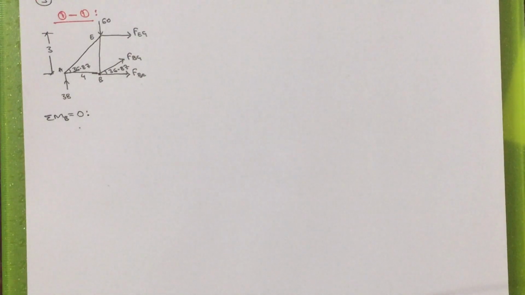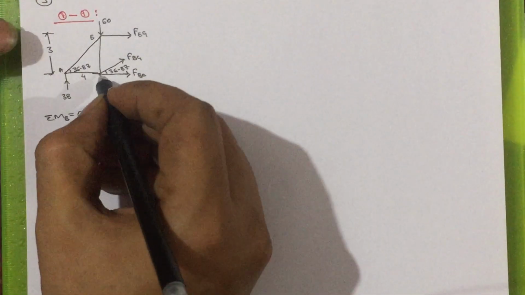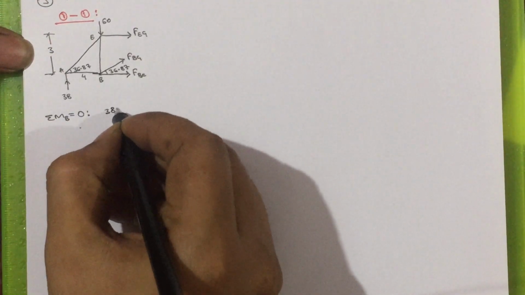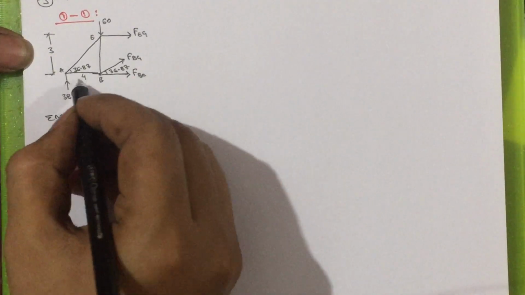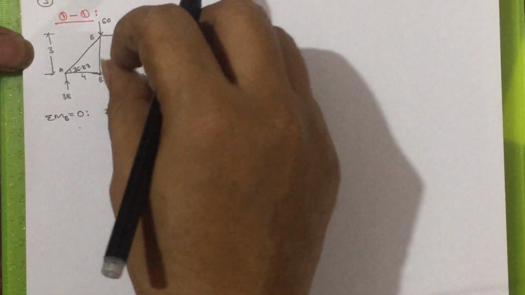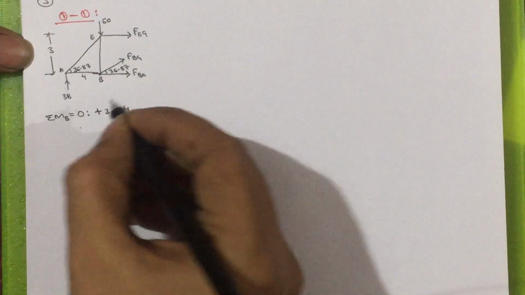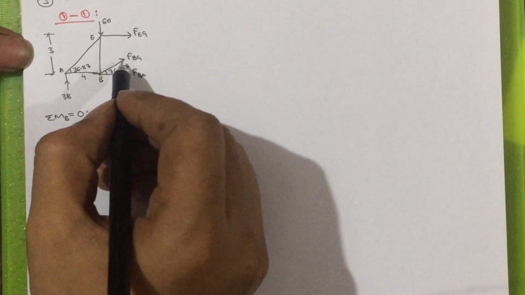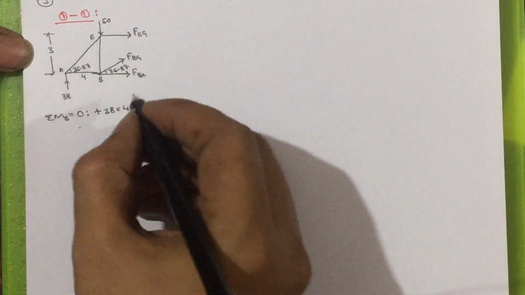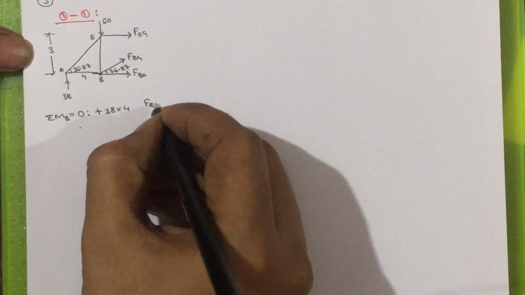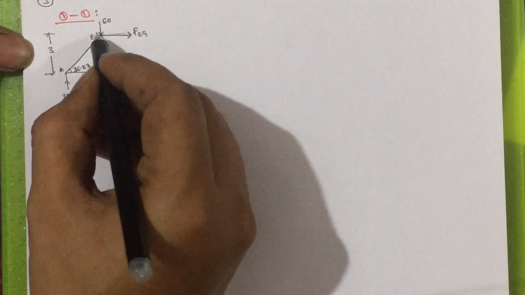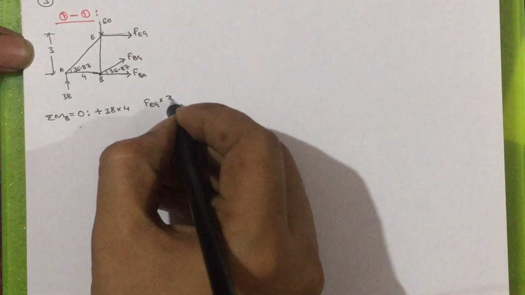Now calculate the moment with respect to the B point. We will start from this force, that is 38 into perpendicular distance between 38 and B, which is 4. With respect to B, it is rotating clockwise, so positive. Then 60, it is passing through the B point, so it becomes 0. Then FEG into perpendicular distance between this line and B point, which is 3.